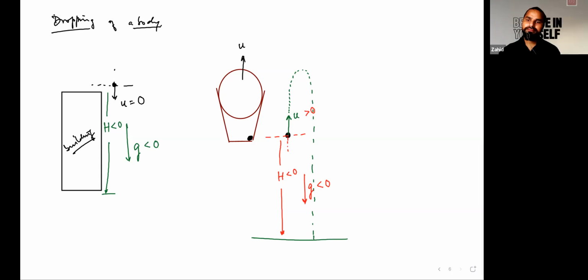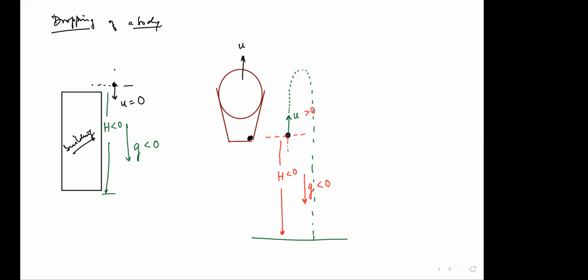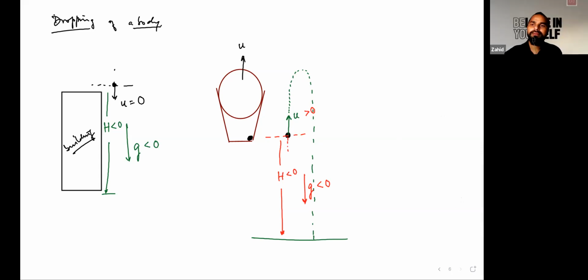Salman, any doubt? Khalid, any doubt regarding this concept?